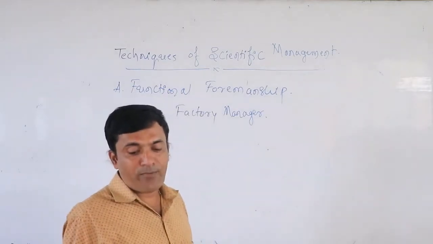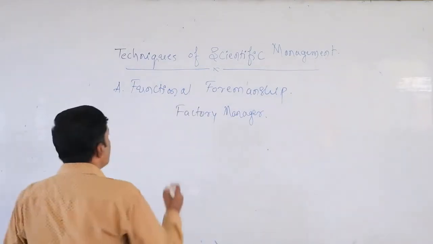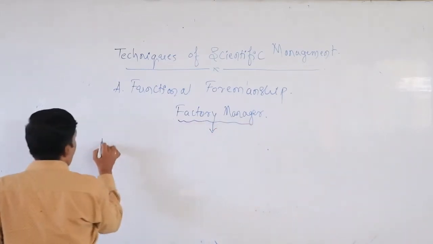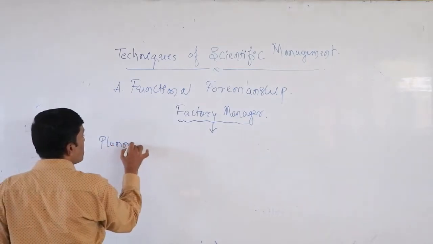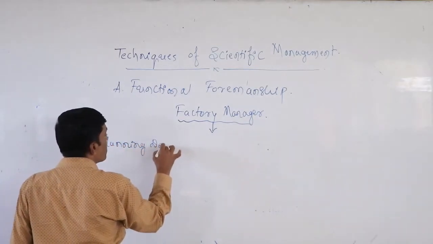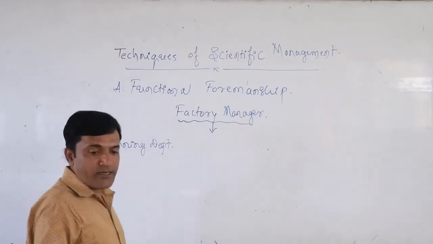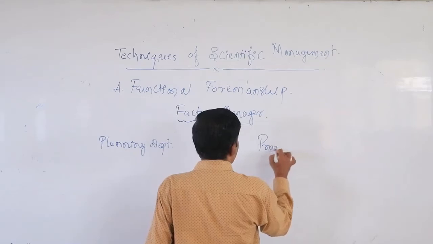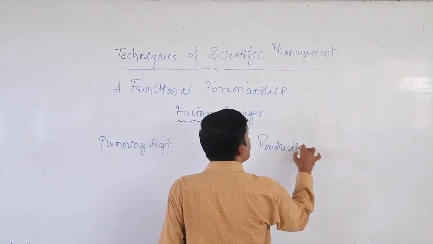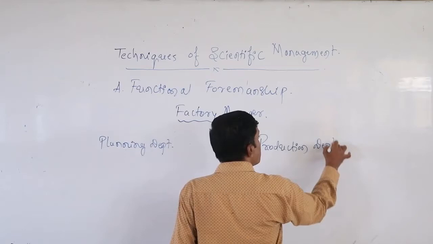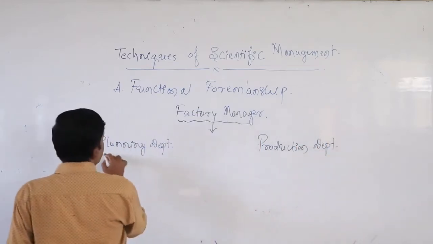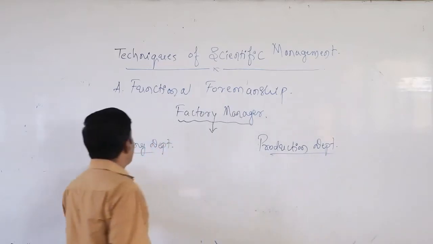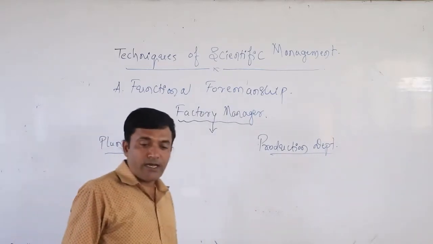One is the planning department, another one is the production department. Look here. So factory manager, planning department, and the second one is production department. Initially, like this, they have classified the factory manager like this: planning department, and this one, production department.